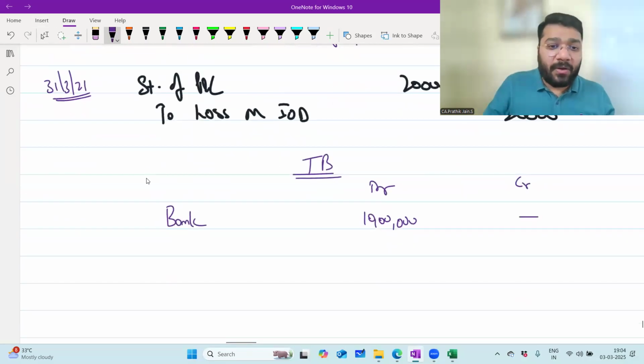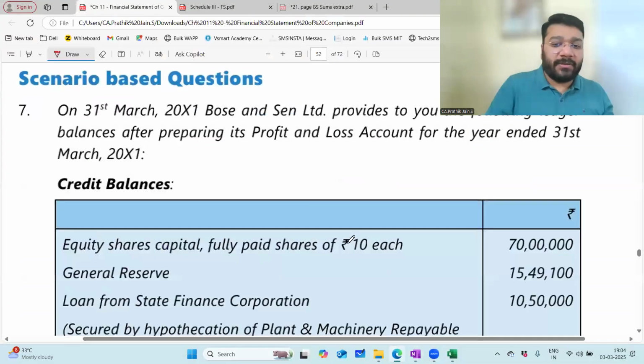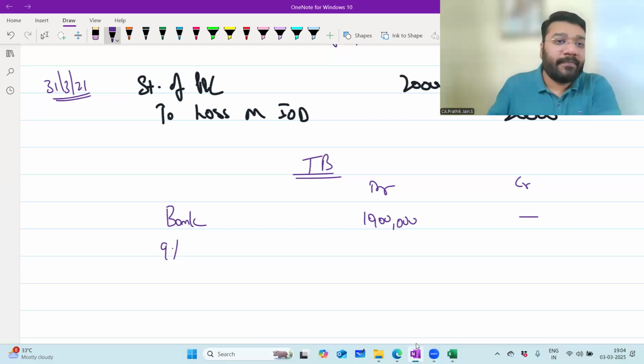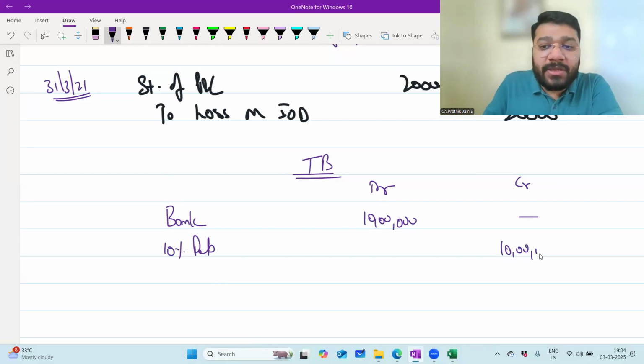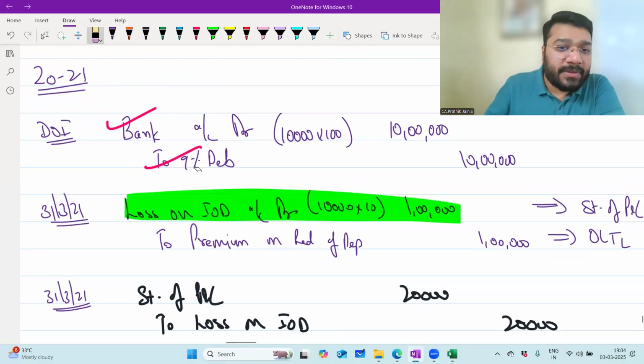Is it 9% or 10% debenture? It is 10% debenture. Sorry, 10% debenture is also 10 lakh. The journal entry, what have we put? 9%? Yes. So this should also be 10%.